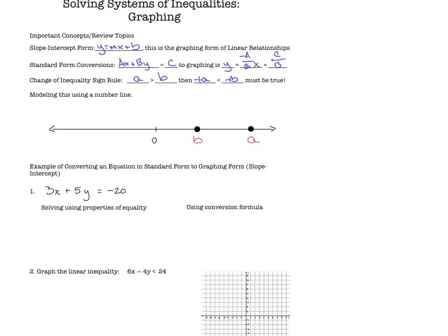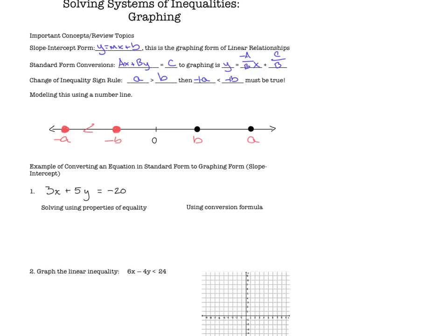So go to the opposite side of 0, plot my value there, and that's the opposite of A. Go to my B, plot that point on the opposite side of 0, and that's now a negative B, right, because it's on the opposite side. And if you notice here, there you go, I've just proven that the opposite of my A is going to be less than whatever my B was, because it's to the left of it.